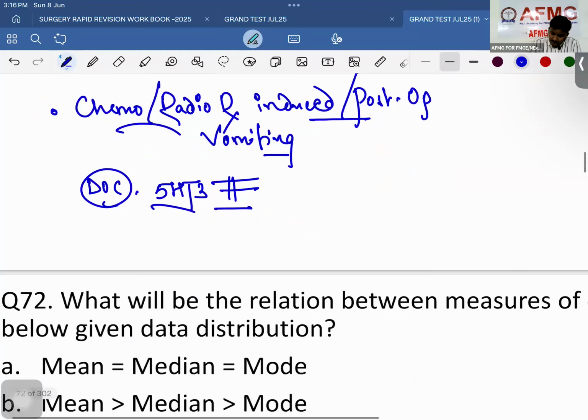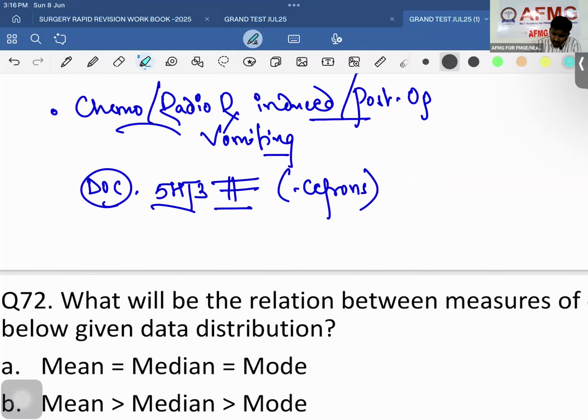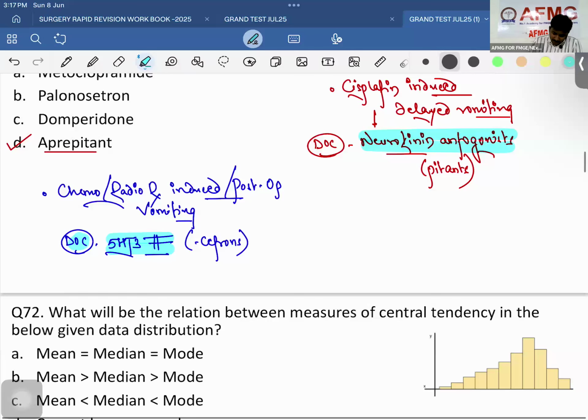Antagonist. The 5-HT3 antagonists or blockers, beta, all the cetron group of drugs, that is ondansetron, granisetron, palonosetron. That is what is important to be remembered, beta.